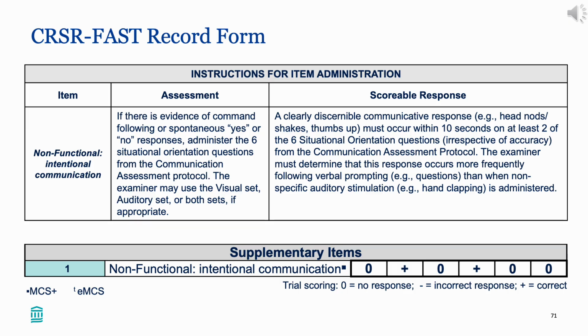In addition to verbal responses, other communicative responses may include head nods or thumbs up on at least 2 of the 6 situational orientation questions. For non-functional but intentional communication, the responses do not need to be correct to be scored as present.